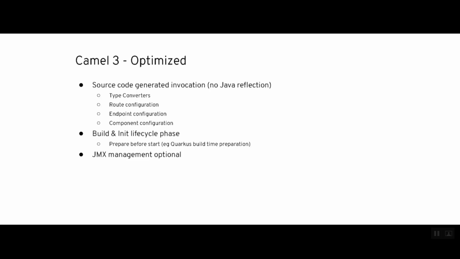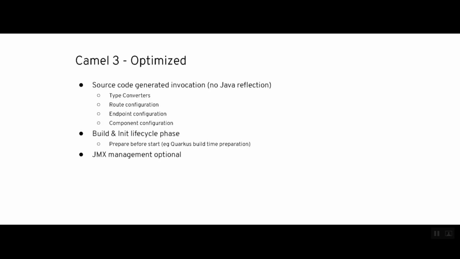One of the big things we did was to avoid using Java reflection as much as possible. In Camel 2, when Camel starts up and configures itself, all the bulk configuration of endpoints and components, and also type converters at runtime, are using reflection based on loose coupling.